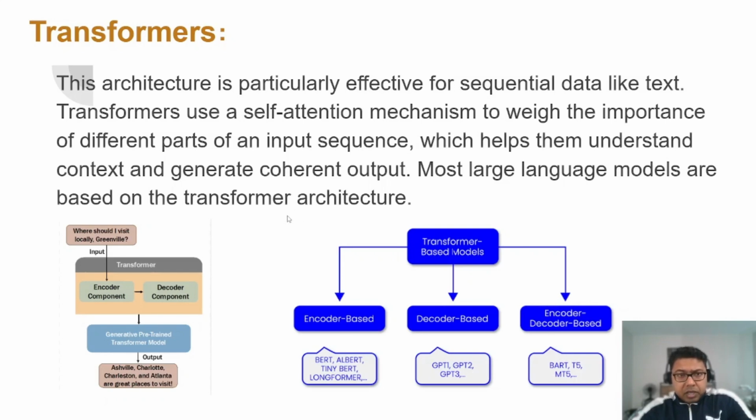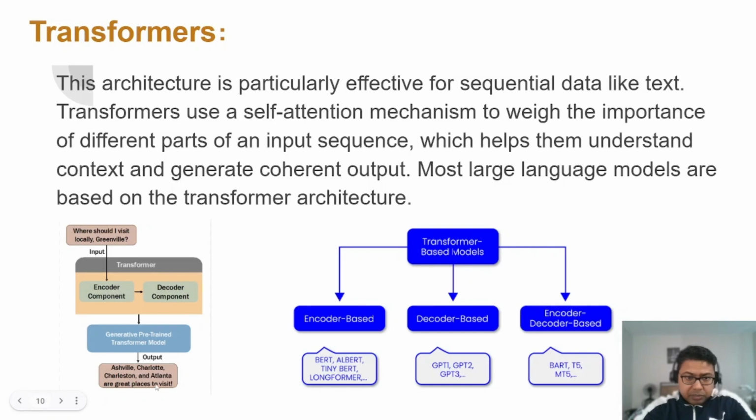So here, see this example. Where should I visit locally? Greenville. That's the input, and then these transformers actually check this whole input, identify what exactly is needed, and based on that it's predicting, and then it's generating the output, saying Asheville, Charlotte.